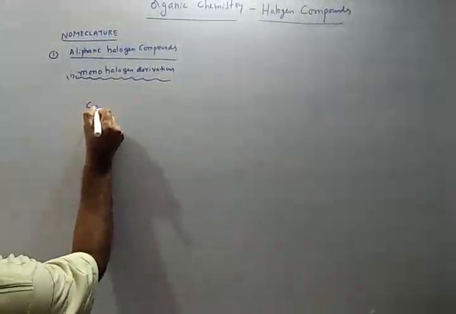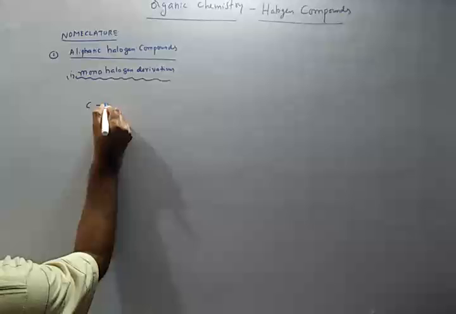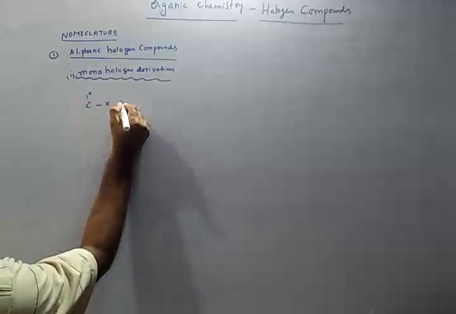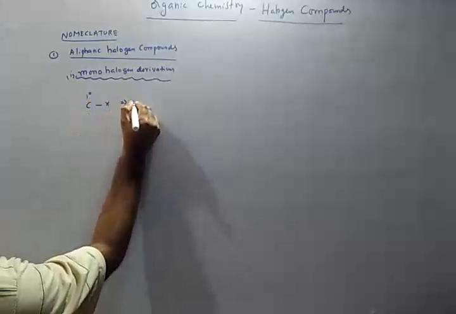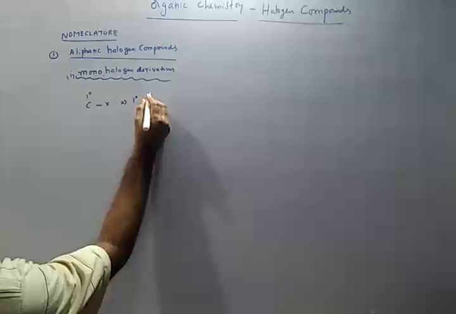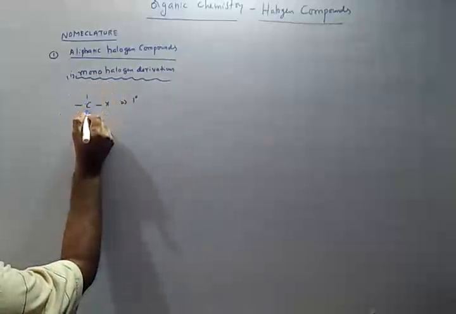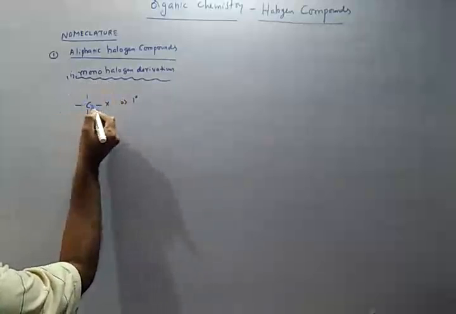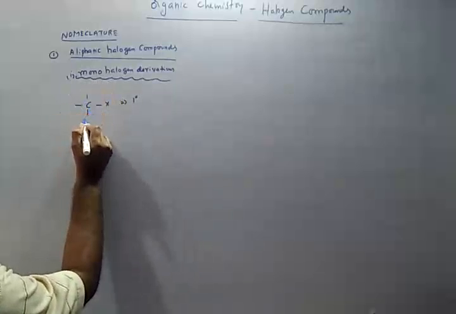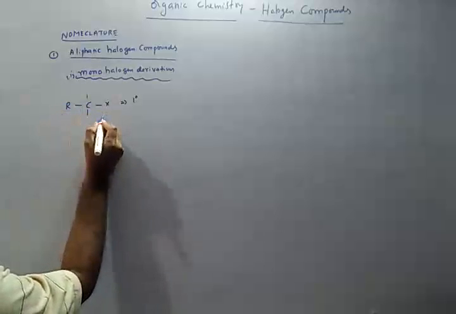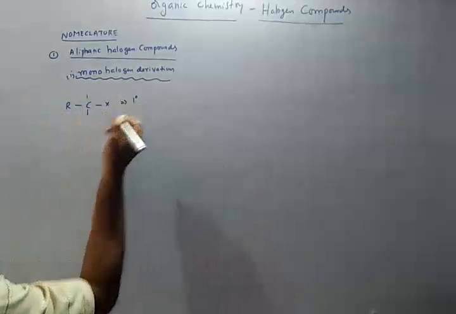If the carbon linked with the halogen is primary, then that is called a primary alkyl halide. That means it may be linked with only one alkyl group or hydrogen. This is primary alkyl.